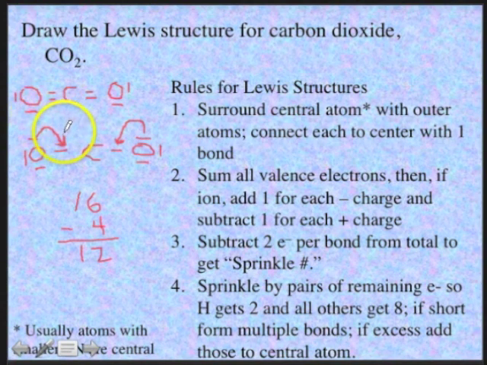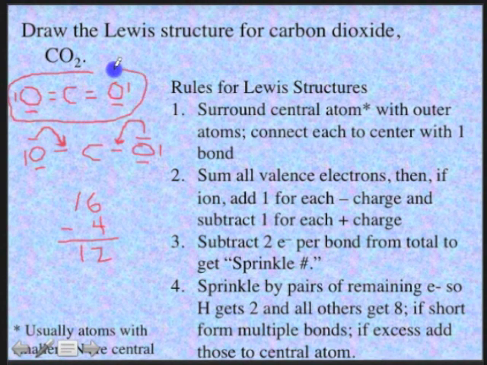And now oxygen has 8, 1, 2, 3, 4, 5, 6, 7, 8. Carbon has 8, 1, 2, 3, 4, 5, 6, 7, 8. So this is now the Lewis structure for carbon dioxide.